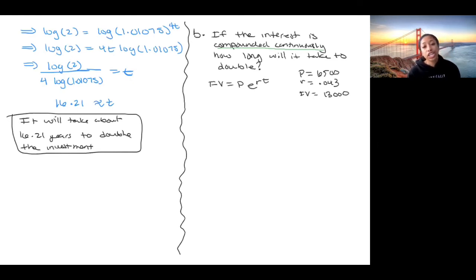So all that's changing here is our compounding frequency, but that changes the formula that we have. This would give us 13,000 equals 6,500 times e to the 0.043t, because we want to solve for t here.